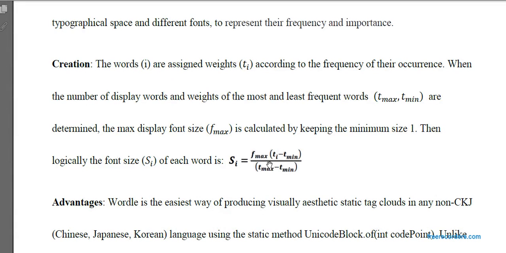For this, you multiply the maximum font size that can appear in the text with the difference of the weight of that particular word and the minimum weight, divided by the maximum weight minus the minimum weight. This gives you the font size for that particular word.